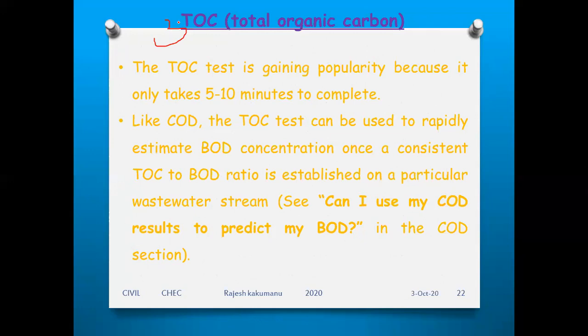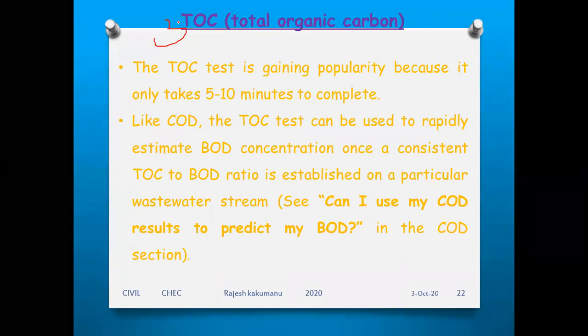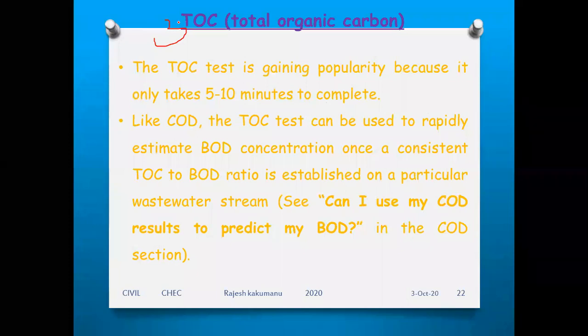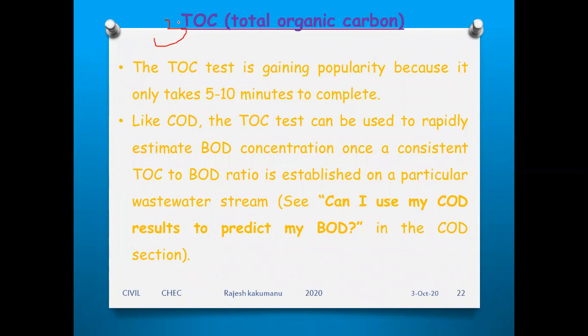So when compared to BOD and CBOD, the TOC is taking very little time. If CBOD takes a few hours and BOD takes a few days, TOC takes a few minutes, approximately 5 to 10 minutes to complete the process.